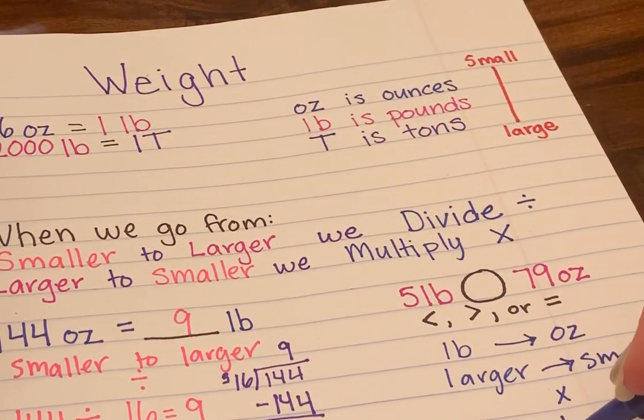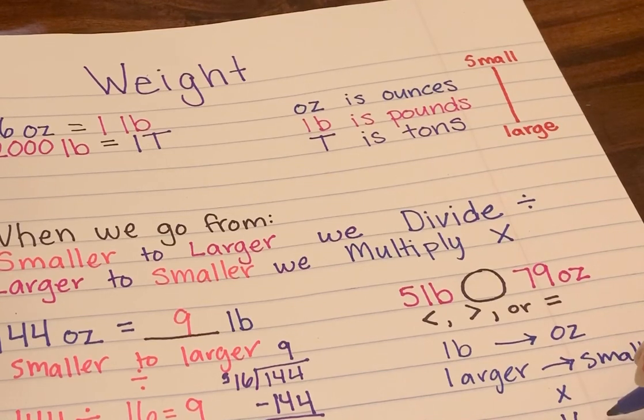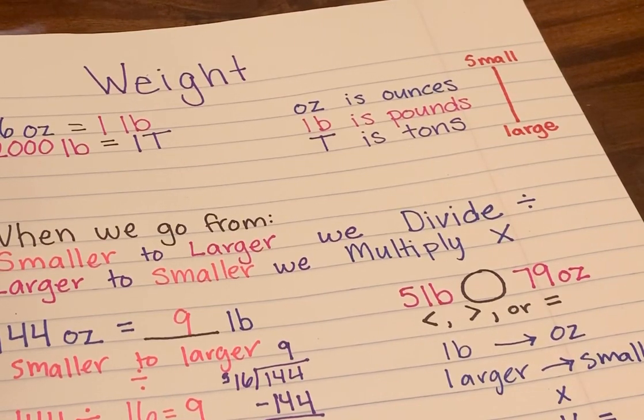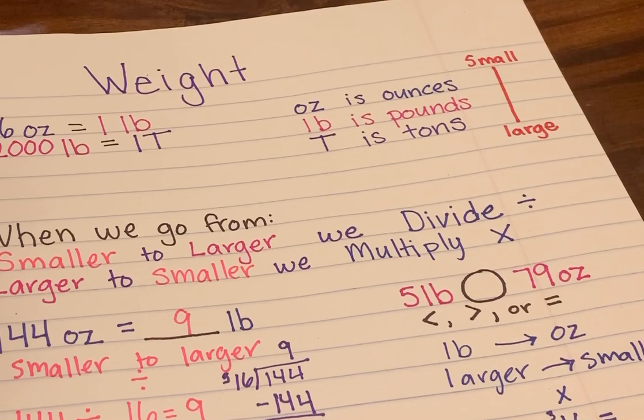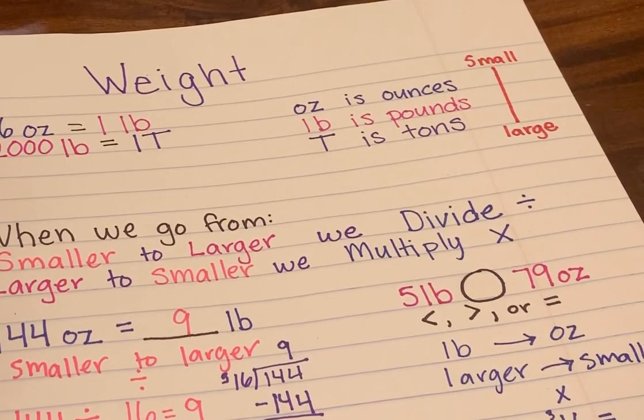So I'm going to multiply 5 times 16. 5 times 6 is 30. I then do 5 times 1, which is 5, but there's 3 that I had to carry over. So 5 times 1 is 5, plus 3 is 8. So it's going to be equal to 80.